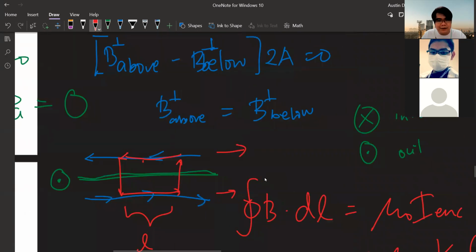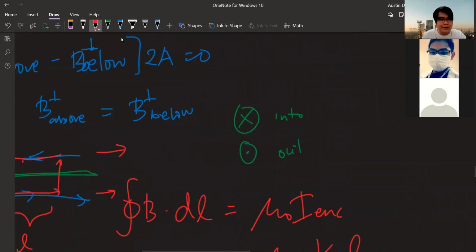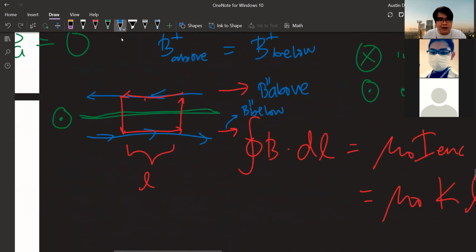Okay? So, dapat similar lang din yung gagawin natin for this case. So, let's say that this is B above and this guy is B below. Okay? Tingnan natin yung discontinuity between them.